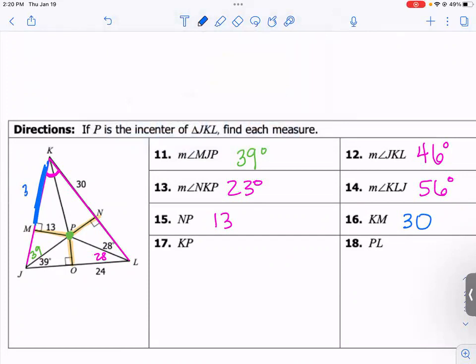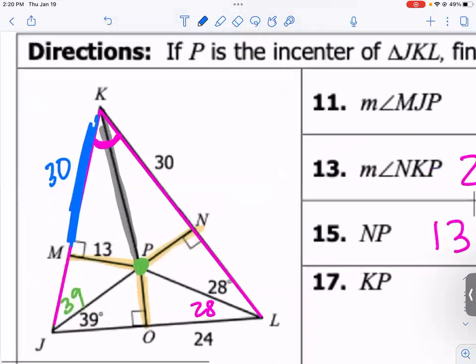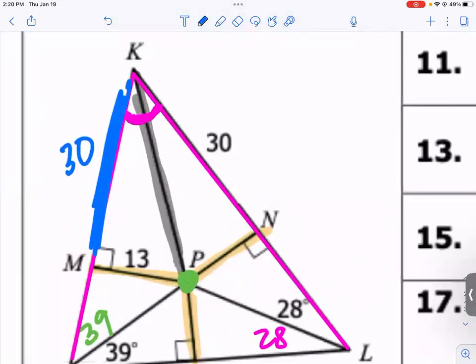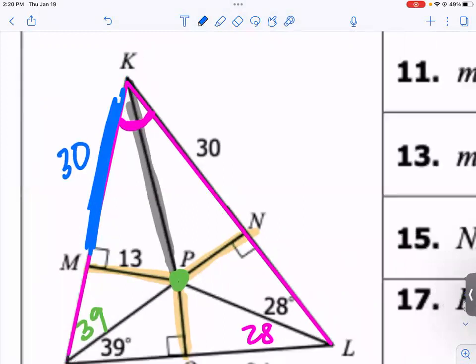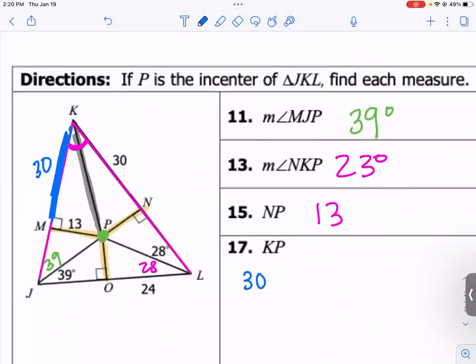If we need to find KP, which is this guy right here, what are we gonna have to use? Pythagorean theorem, but this time we are missing the hypotenuse. So it's 30 squared. This guy is 13.